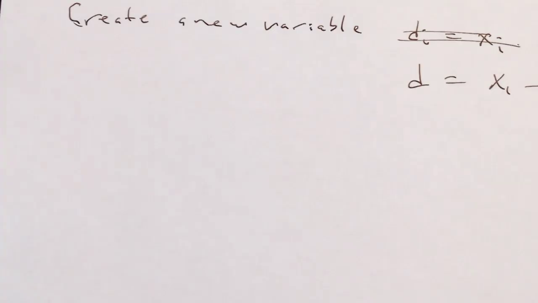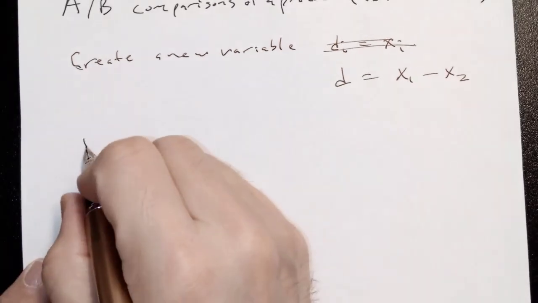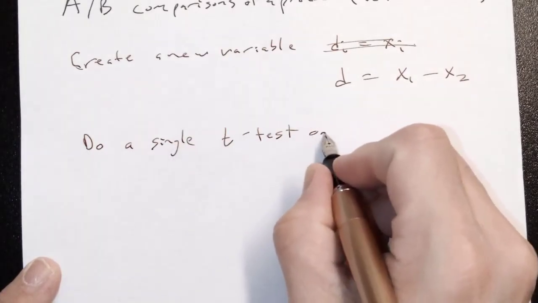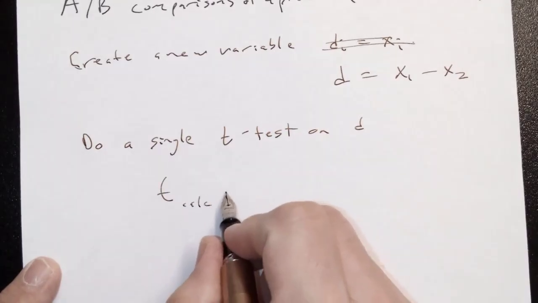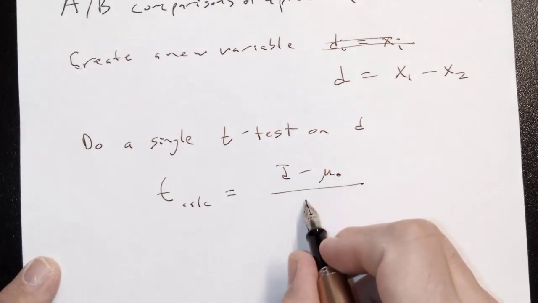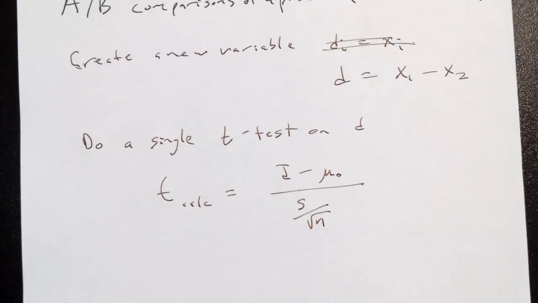Well, what I do is I pair up all my data and I create this new variable D. And then I can ask, what do I know about this variable? I can do a single t-test on D. And I'll do the same t-test I normally do.